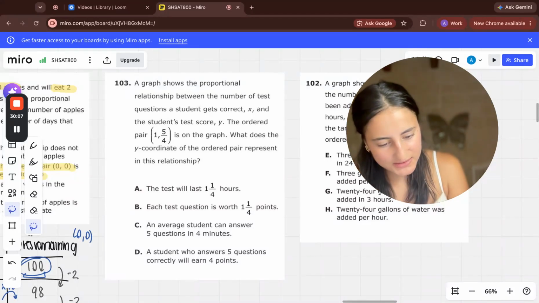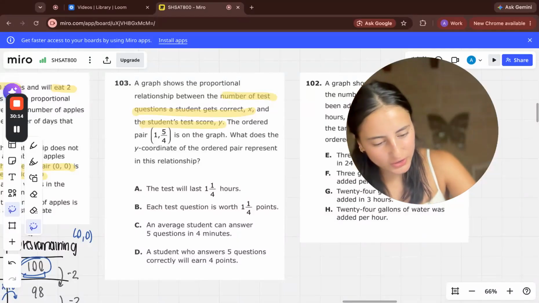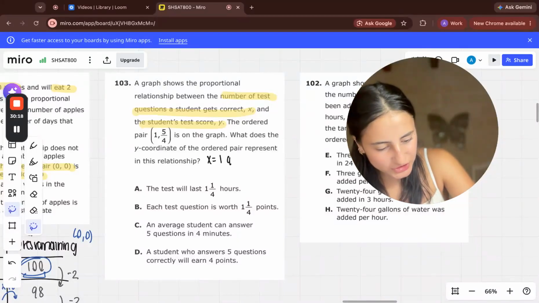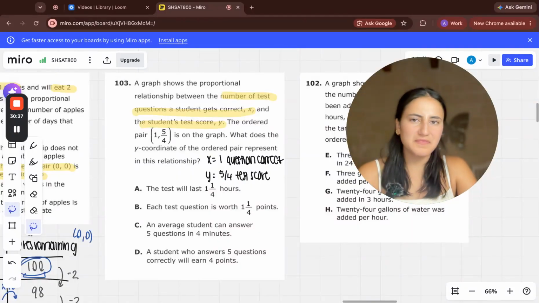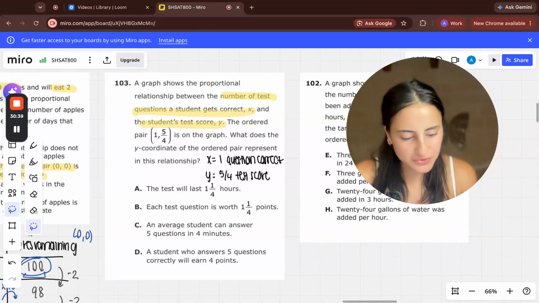We know that X is the number of test questions the student gets correct, and the student's test score is Y. The ordered pair, let's say X is equal to 1 question correct, and then Y is equal to 5/4 test score, or 1 1/4 test score.